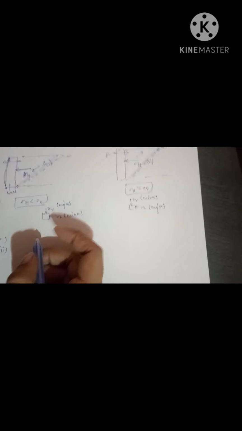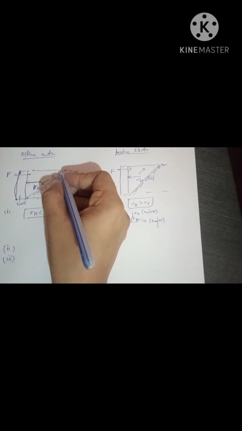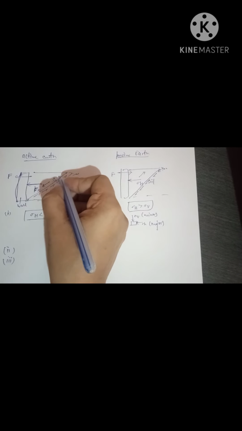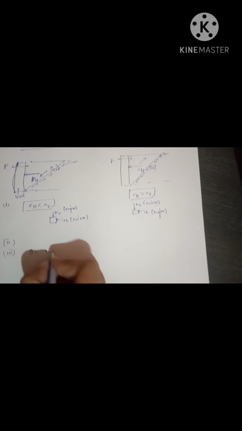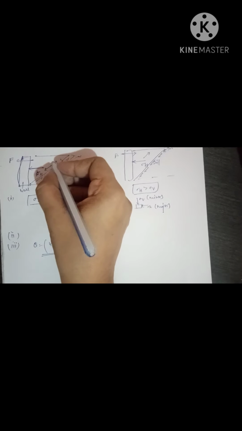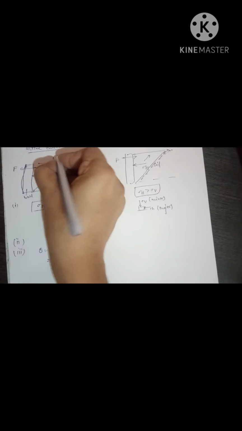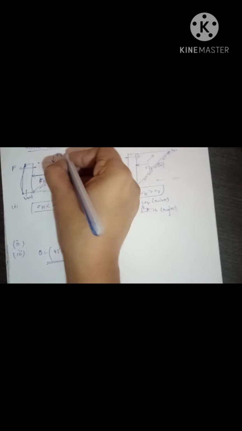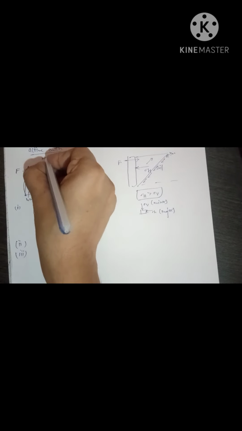As we read in the shear strength chapter, the angle between the failure plane and the major principal plane is 45 plus phi by 2. So in this case, as you know, the major principal stress is sigma vertical, so this is the major principal plane.